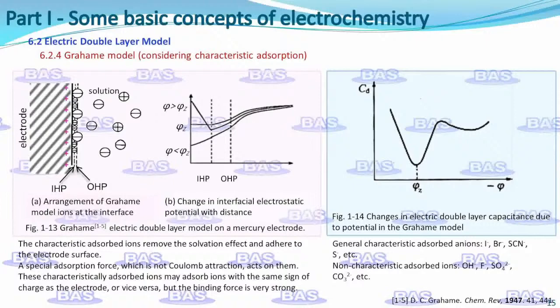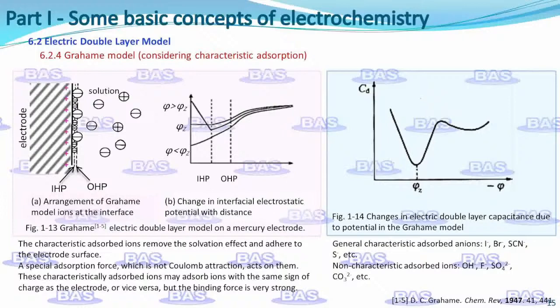The ions specifically adsorbed lose their solvation shell and are in close contact with the electrode surface, and they are affected not only by the electrostatic force but also by a special adsorption force, which is not Coulomb force. They may have the same sign of charge as the electrode, or the opposite, but the binding force is very strong. Figure 1.13 shows the ion distribution and potential distribution of the Grahame electric double layer model.